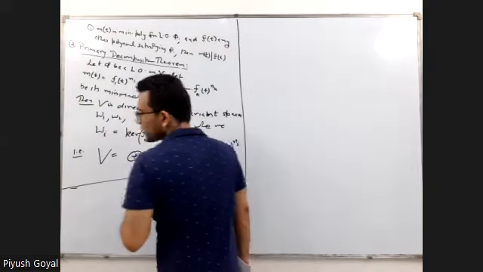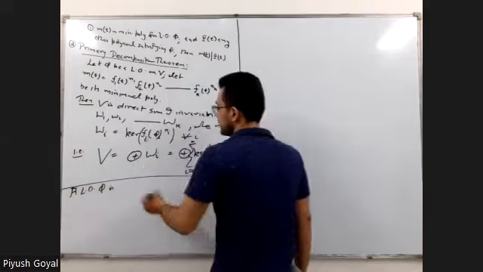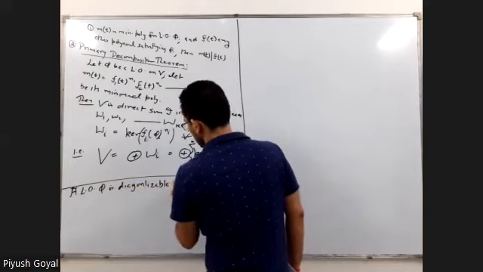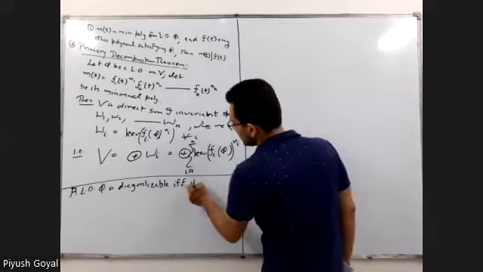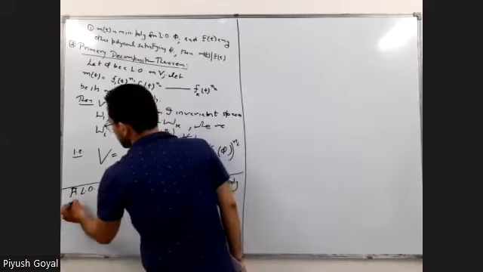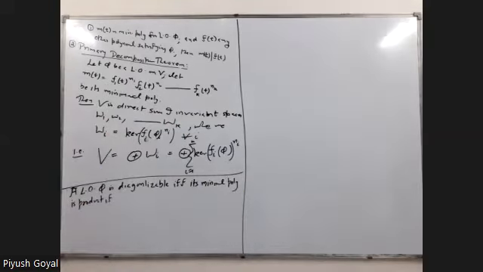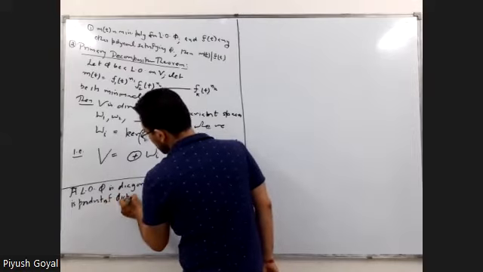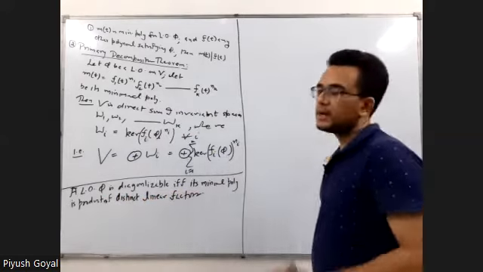The theorem says: a linear operator phi is diagonalizable if and only if its minimal polynomial is a product of distinct linear factors.